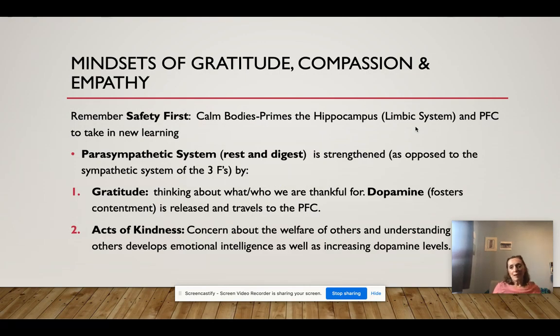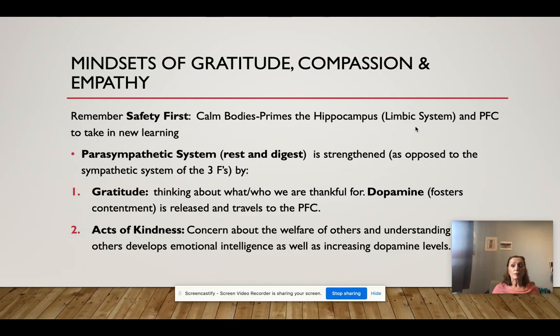This mindset, we've talked about balance. We've talked about neuroplasticity. Now we're going to talk about the mindset of gratitude, compassion, and empathy. So remember, we talked about safety first, right?